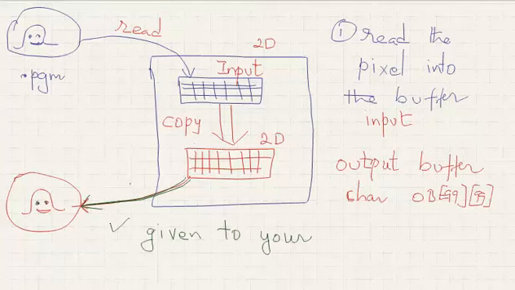Maybe after a couple of weeks we'll try to learn how to do it, but you can always look into the code to see how it's done. Okay, this is given to you, and this is also given to you. How to read is also given to you.